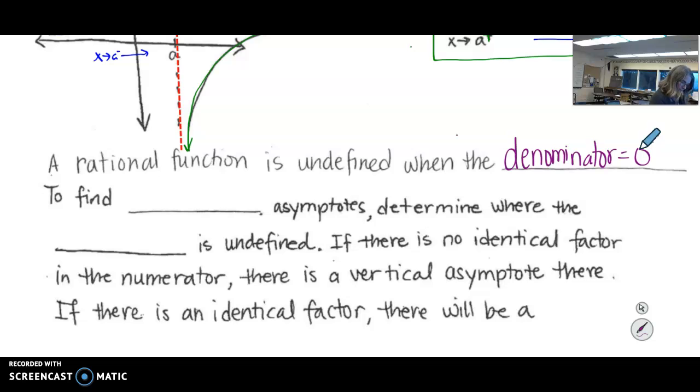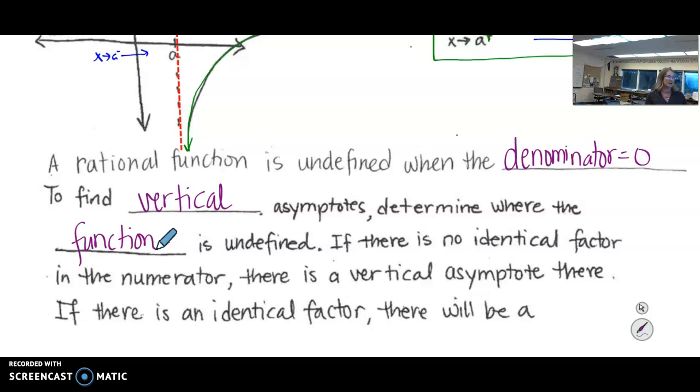And so to find vertical asymptotes, we're going to determine where the function is undefined. X cannot be that value that makes the denominator equal 0. And it won't be continuous there, because you can't have that value of x in the function. So there won't be a y-coordinate for that value of x, which means it's going to be discontinuous.